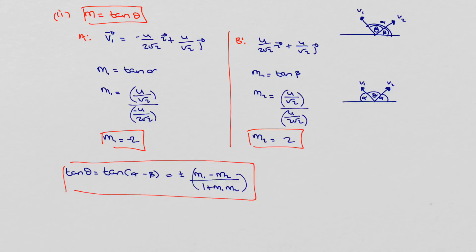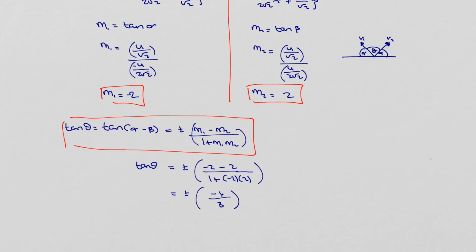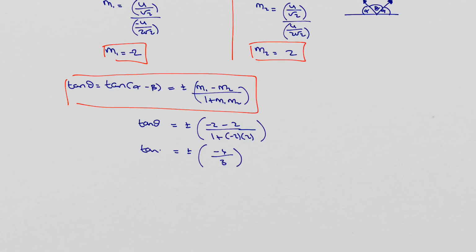So if I sub in my values there, that's going to give me tan theta is equal to plus or minus m1 minus m2 over 1 plus m1 m2, and that gives me minus 4 over 3. And of course, that's going to be tan inverse then of 4 over 3.